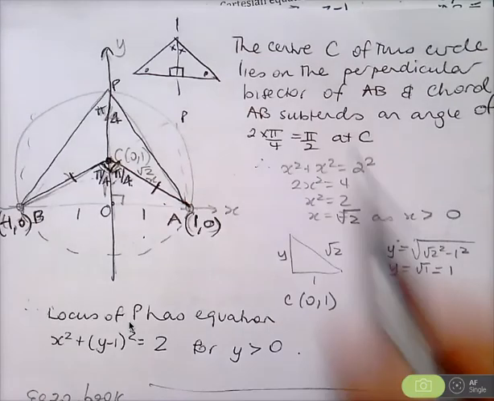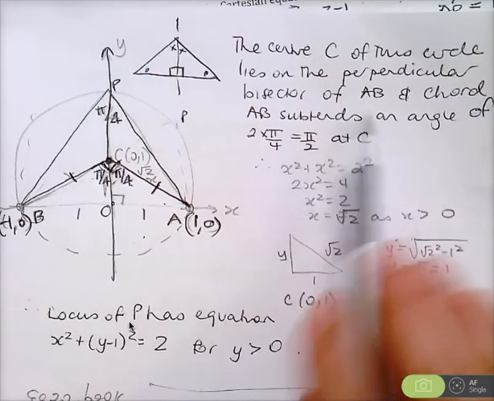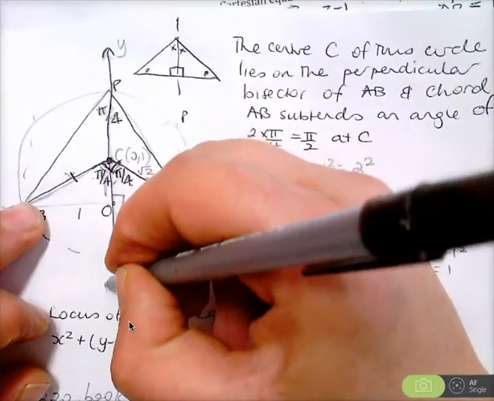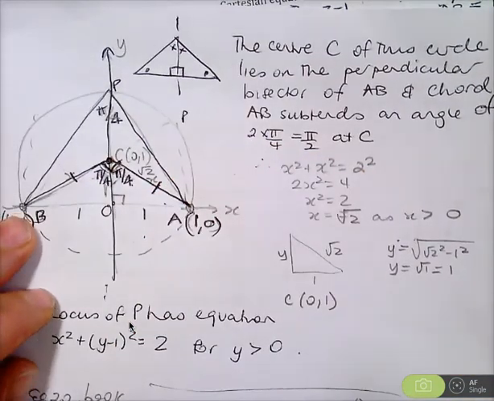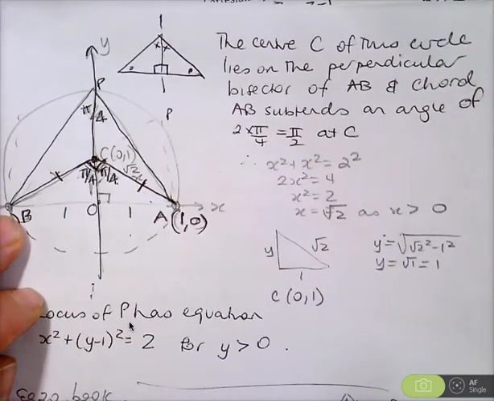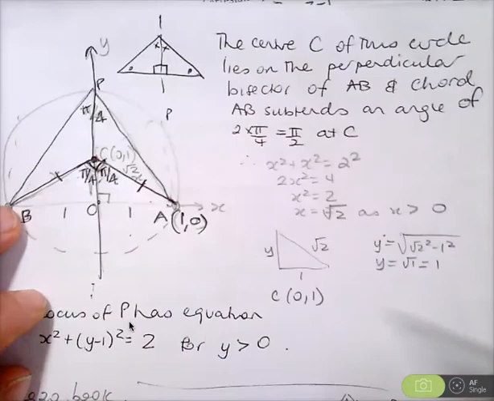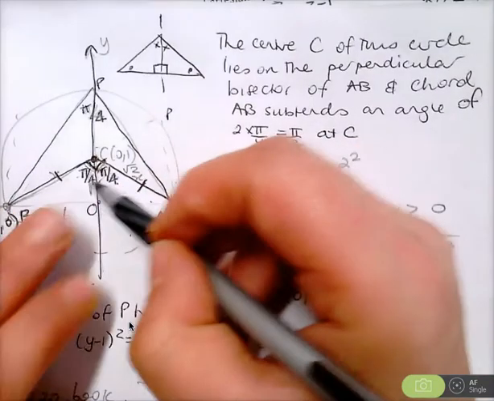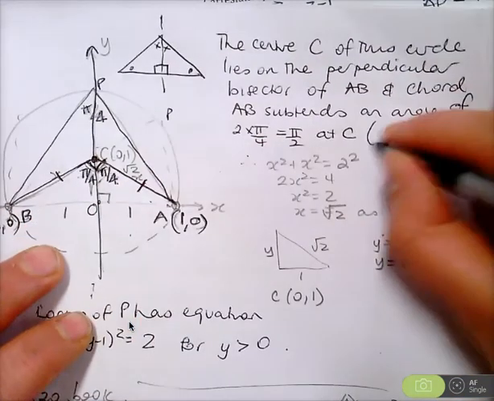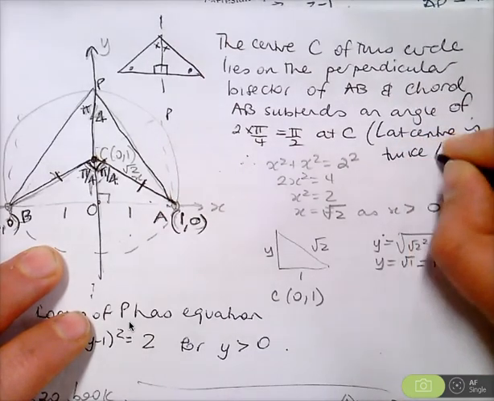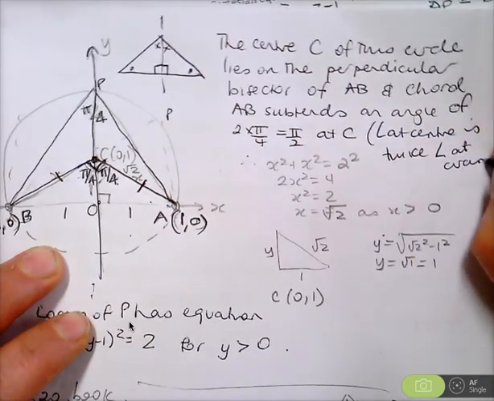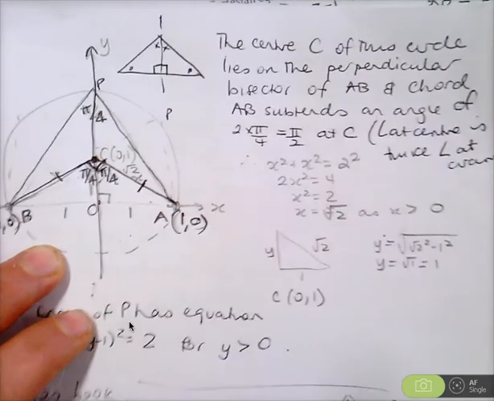So now the centre C of this circle lies on the perpendicular bisector of A and B, okay? And chord AB subtends an angle of pi on 2 at the centre. Angle at centre is twice angle at circumference, subtended by the same arc, all right?